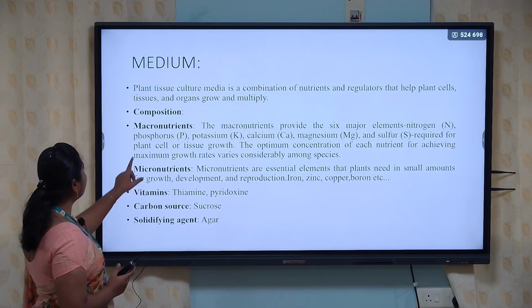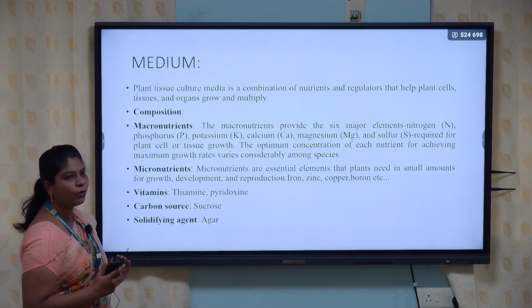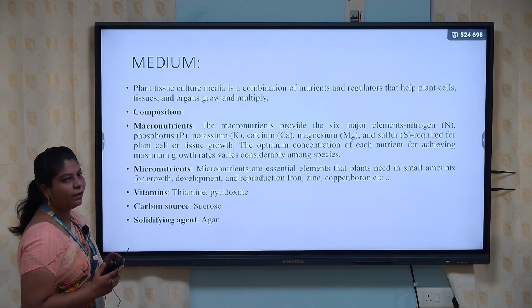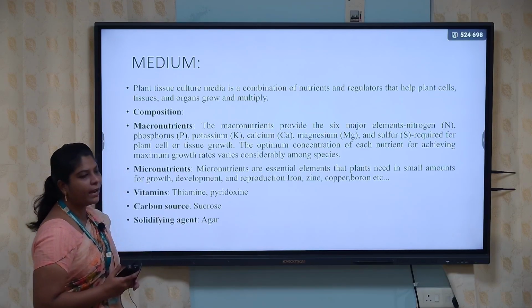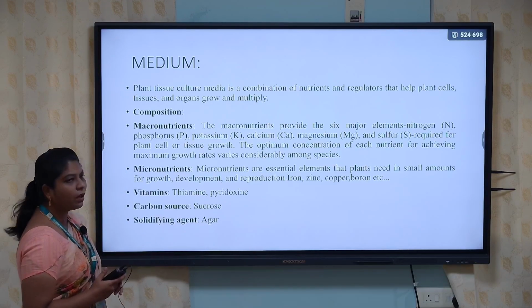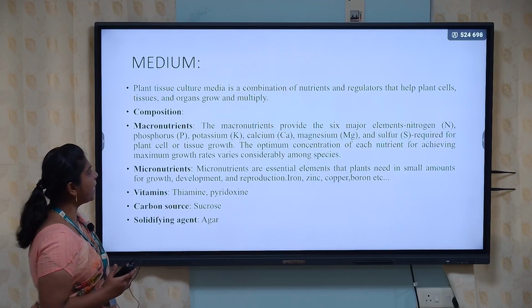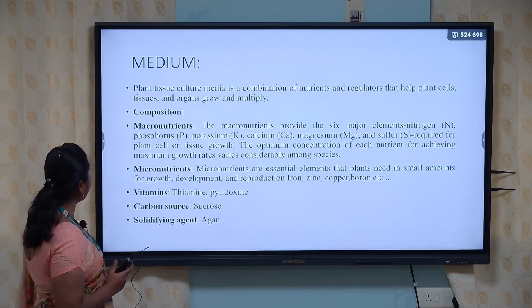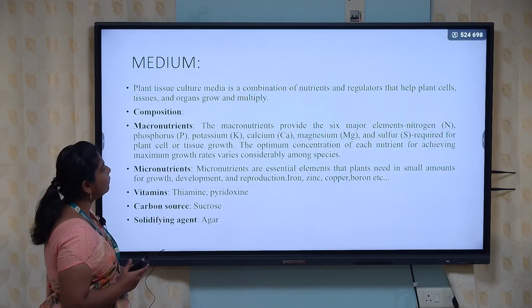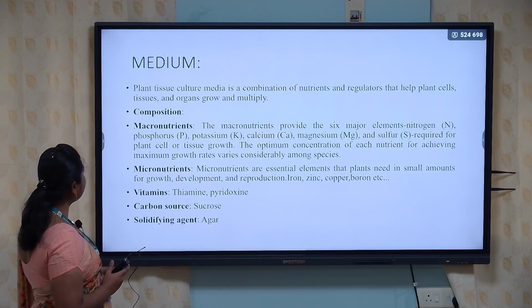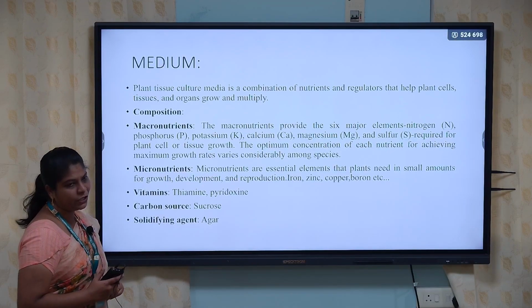What are macronutrients? Macronutrients are the nutrients present in the maximum amount in the media. The macronutrients provide the 6 major elements, that is nitrogen, phosphorus, potassium, calcium, magnesium and sulfur required for plant cell or tissue growth. The optimum concentration of each nutrient for achieving maximum growth rate varies considerably among the species.